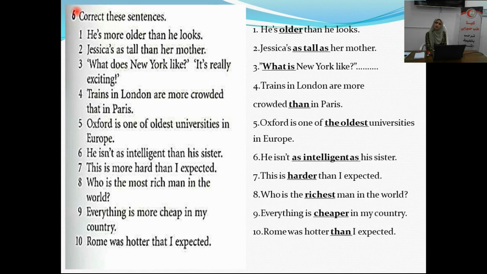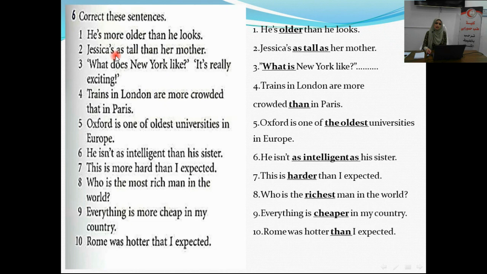So you find here we have more and we have the -er. Since we have the adjective old here, we are not in need of using more because it is a one-syllable adjective. So the sentence would be: he is older than he looks. We omit more here.